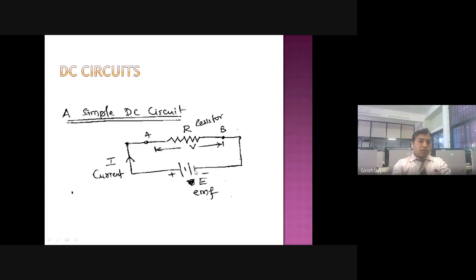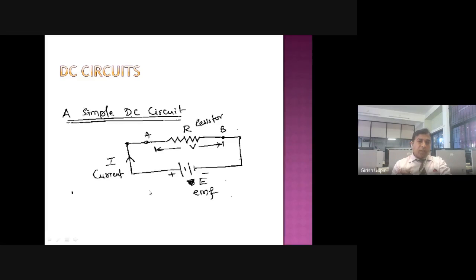That is, the electrons will flow from the negative terminal through the resistor and back to the positive terminal. Henceforth, for all our analysis, we are going to consider the conventional flow of electric current. That is, current will flow from the positive plate through the load or the resistor, and it will come back to the negative terminal.